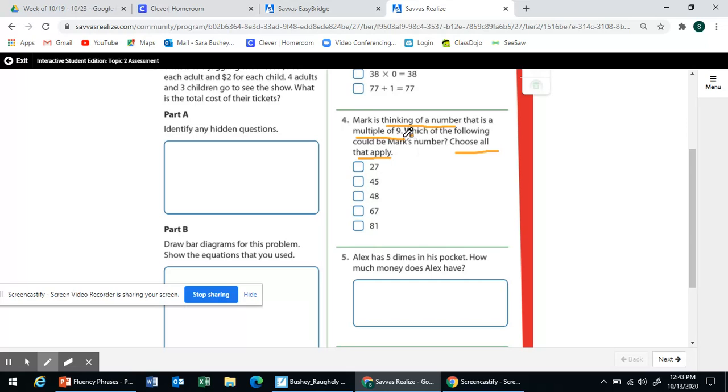In this situation, we are skip counting by 9s. So I'm going to write a 9. That's one way I'm going to keep track of my information. And I am going to keep skip counting by 9. And if I land on a number in this area when I'm skip counting by 9s, I will know it is a multiple of 9.